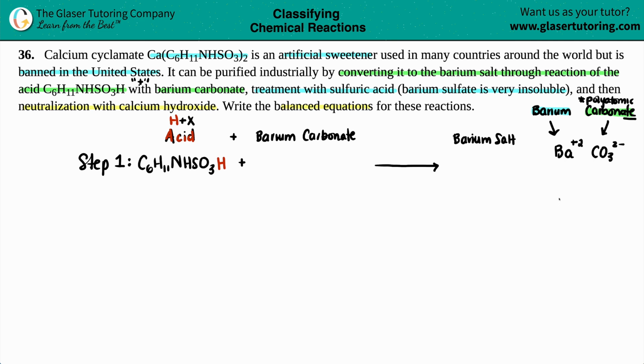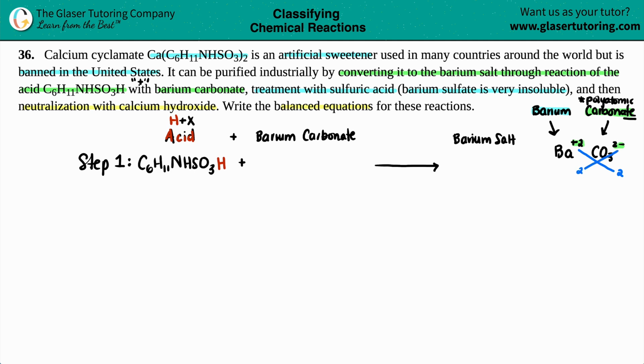And now, use those charges to crisscross down to figure out how many bariums and how many carbonates you need. And when you crisscross, only take the number. So this +2 tells me that I need 2 carbonates, and this -2 tells me that I need 2 bariums.